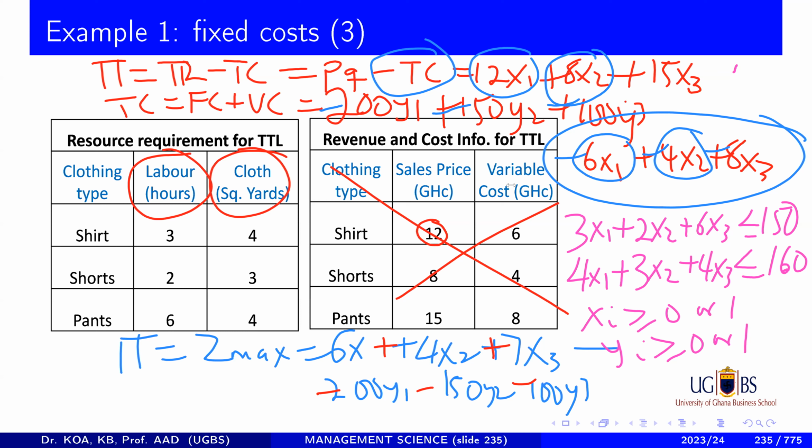Ursula. Because the Y is a fixed cost and Y is fixed, so it won't be equal to 0 or 1. It will be equal to 1. Okay, that is also not correct. Nathaniel, which aspect of the formulation is wrong?